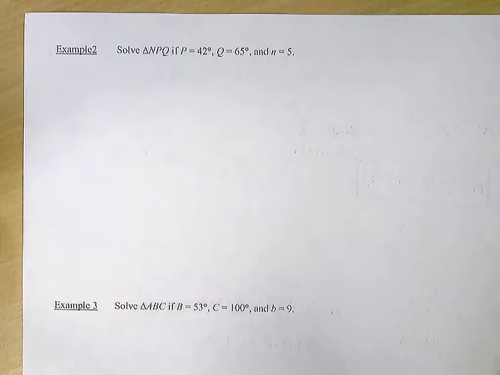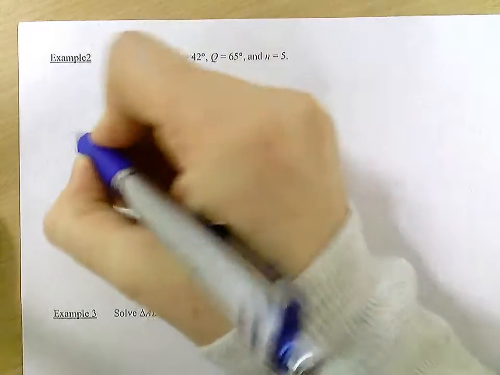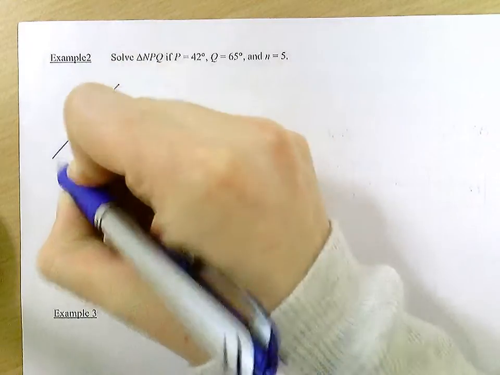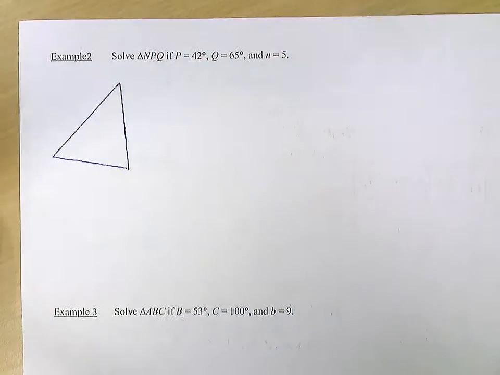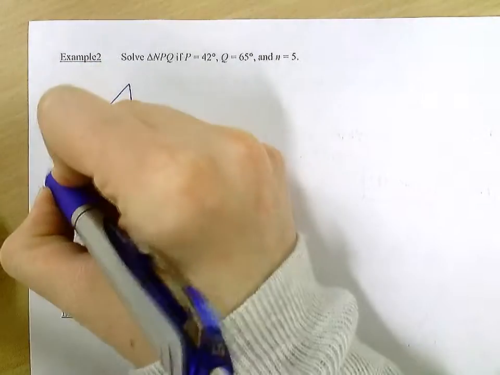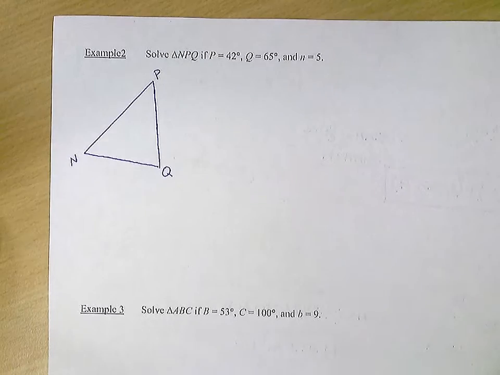Okay, so our first one on the back here, we want to solve triangle NPQ if angle P is 42 degrees, Q is 65 degrees, and n is equal to 5. So I want to draw out this triangle first. Draw out the triangle NPQ. Make sure you label your angles.